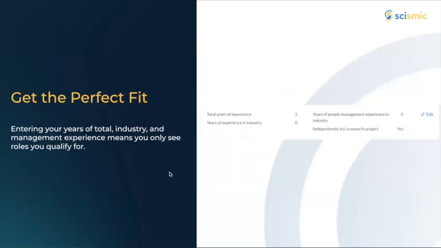I'd mentioned the difference between industry and what that colloquially means in biotech, but you want to be sure that you consider both your total years of experience and years of experience in industry. For example, a scientist role should accept a PhD with minimal years of experience, but a principal scientist role is probably going to be looking for a PhD with some years of industry experience along with total experience.